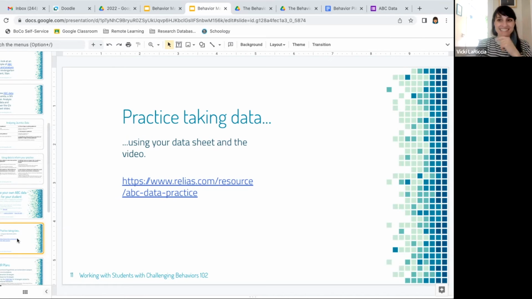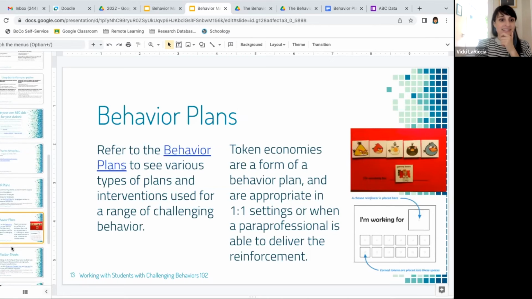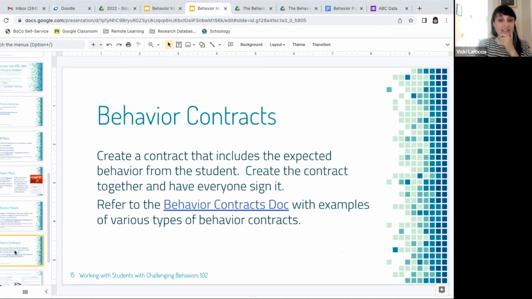I say that sarcastically. And then we're going to finish looking at behavior plans, reflection sheets, and contracts. And then we'll talk about differentiating between emotionally based behaviors that include anxiety and anger, and then oppositional behaviors. And then hopefully we will finish at 4. We're not leaving after 4. I know that for sure.